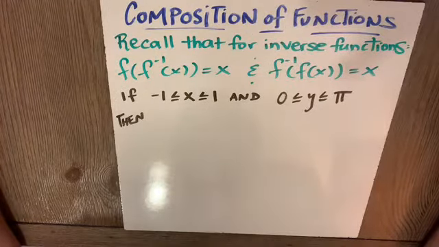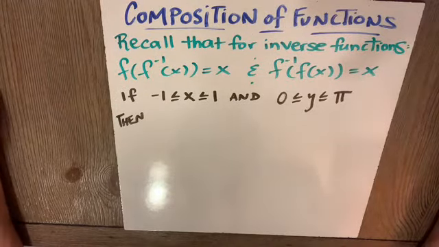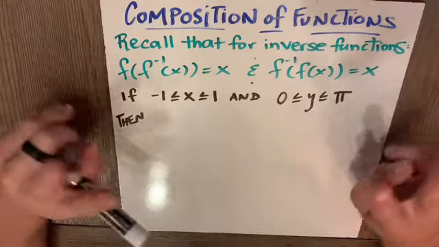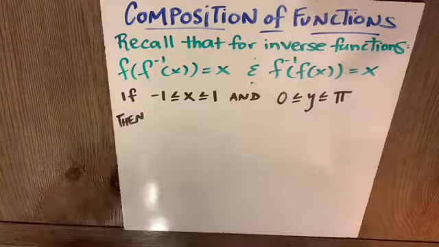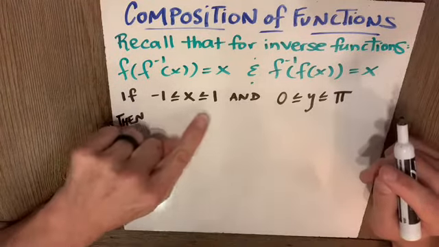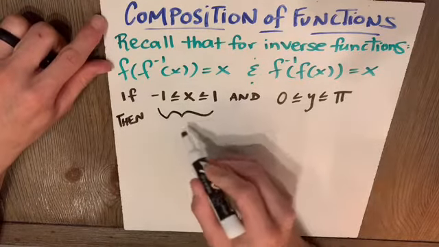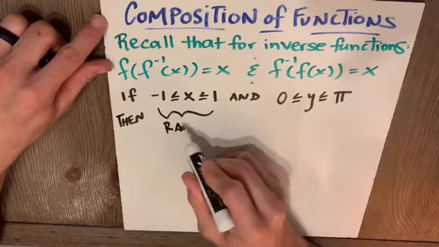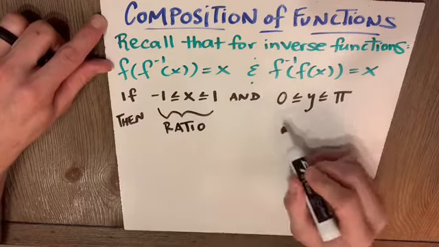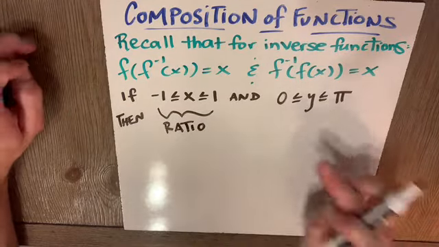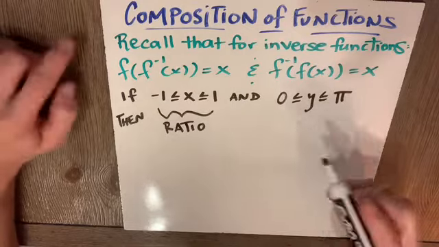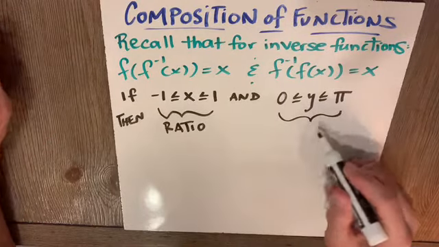For the cosine function, using the same idea of inverses undoing each other, if our x is between -1 and 1, well, -1 to 1, that sounds to me like a ratio. And y is between 0 and pi. What do we measure with pi's? Oh, that sounds like radians.